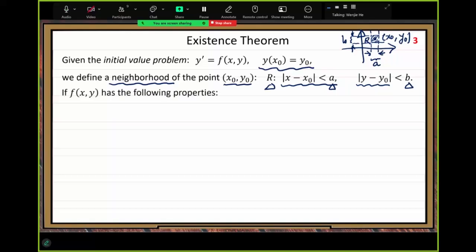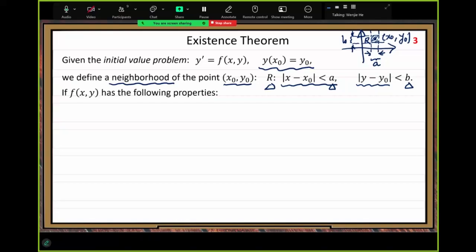Okay. So that's the condition, that's the setting. Then the f function, f of x, y, has the following properties. Our goal is to make sure there is a solution, existence, for this IVP problem.